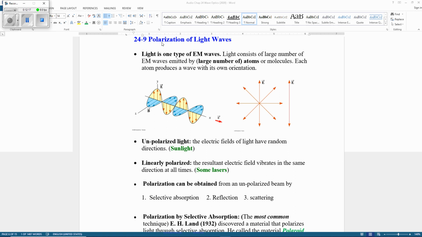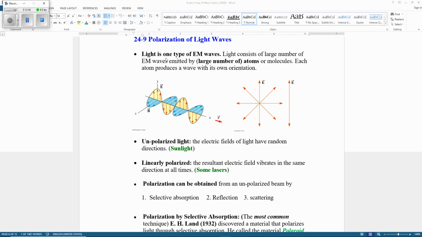Now the third wave nature, we're going to study the polarization. We have many applications like sunglasses. So now we study how this polarization happens.